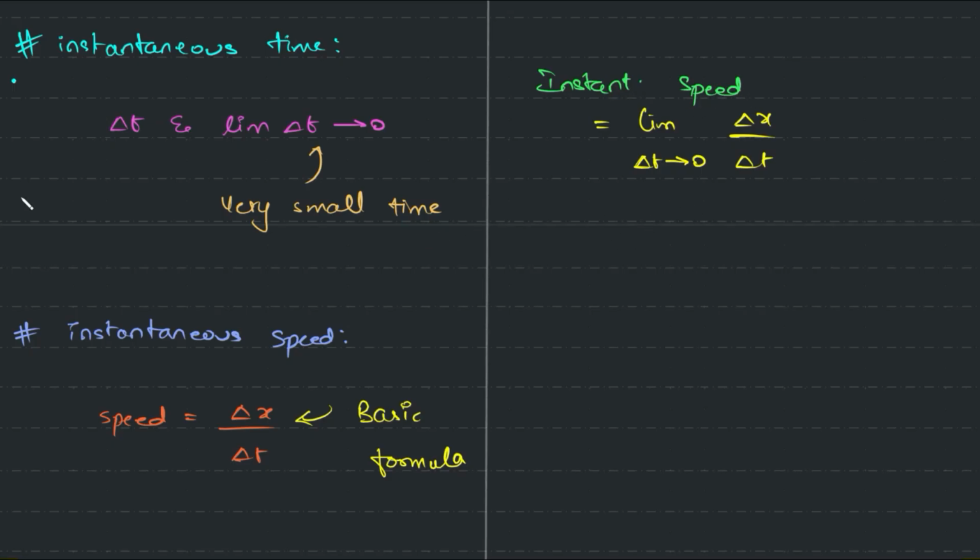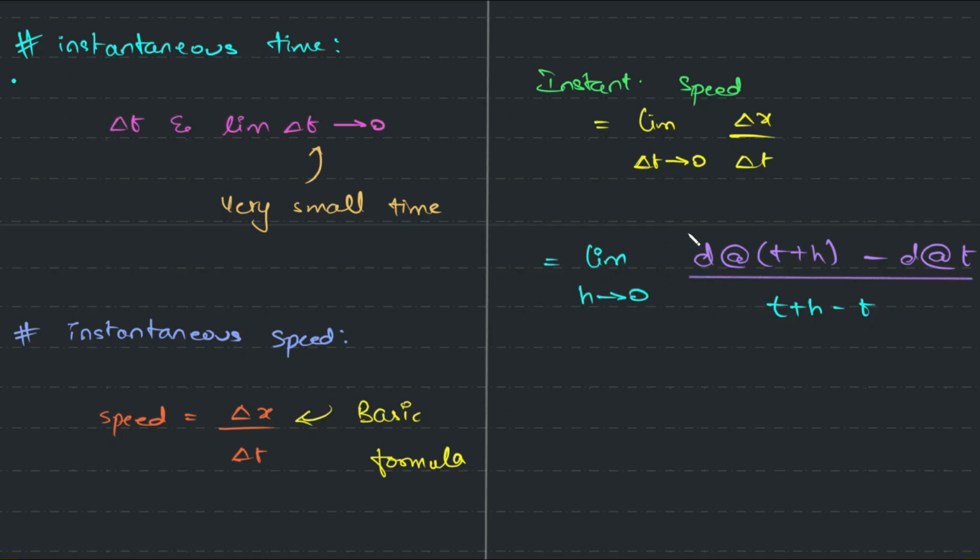Another way I would want to discuss this is, again, it is a must for you guys to learn limits and derivatives before all of this. So I can also discuss it as distance at t plus h time minus distance at t, and this entire thing divided by t plus h minus t, and h is approaching 0.